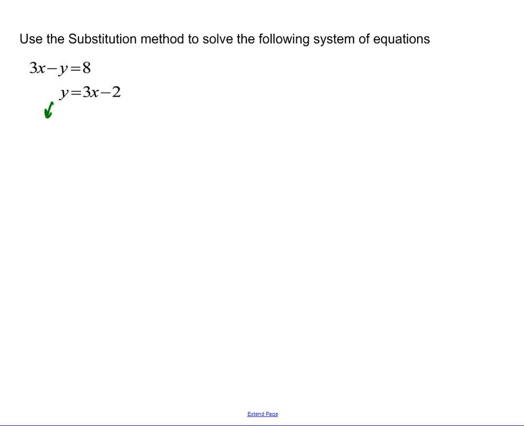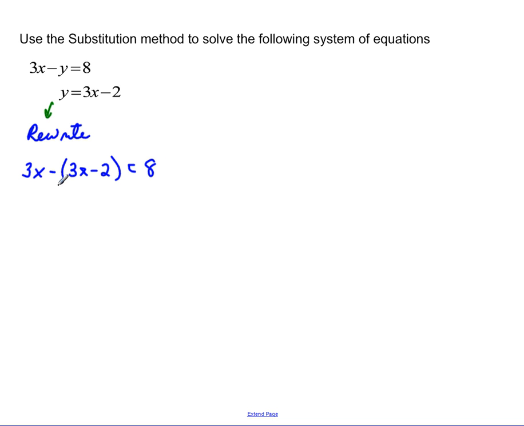So let's do that. Replace y in the first equation with the variable expression 3x minus 2. So we're going to get 3x minus the quantity 3x minus 2 should equal 8 if we've done everything right.